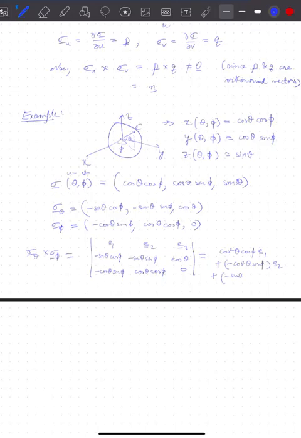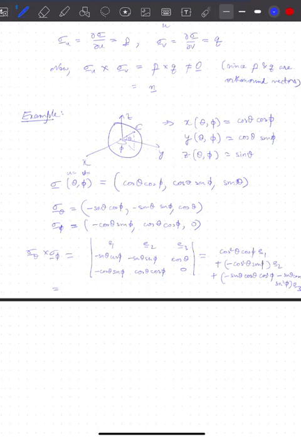Plus minus sin theta cosine phi times minus sin theta cos square phi, and then minus into minus, so we are left with sin theta cosine theta and sin square phi. This is E3.